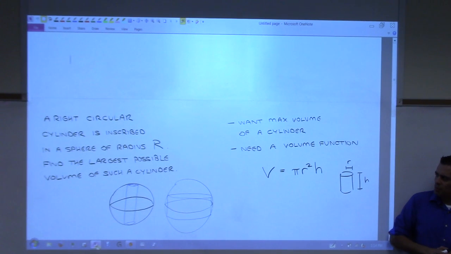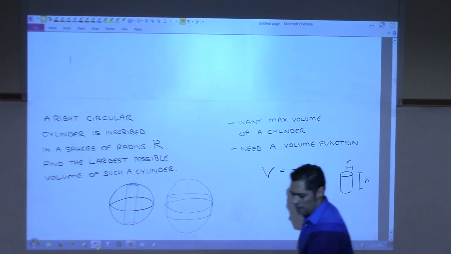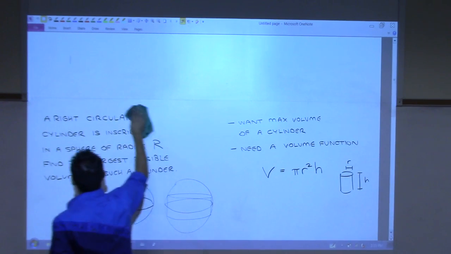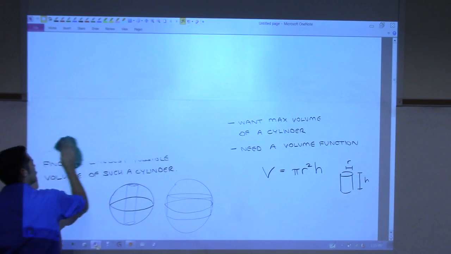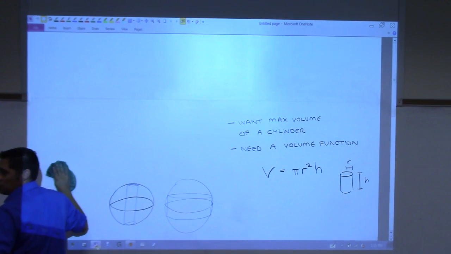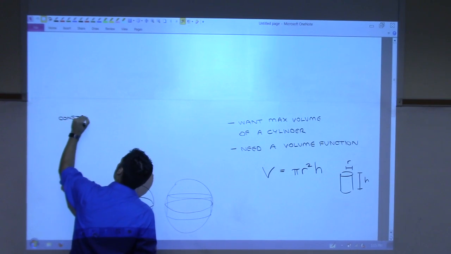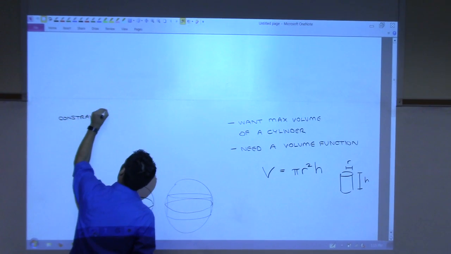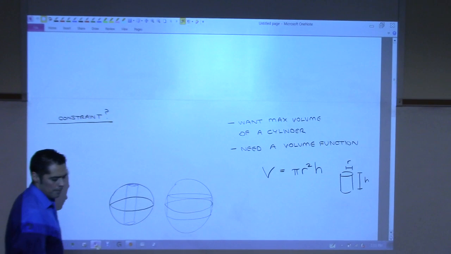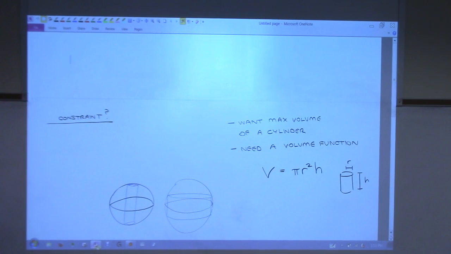So we know the constraint is going to come from the sphere, but how? I need another equation, don't I? Let me see if I can come up with a constraint equation. Anyone have any ideas?